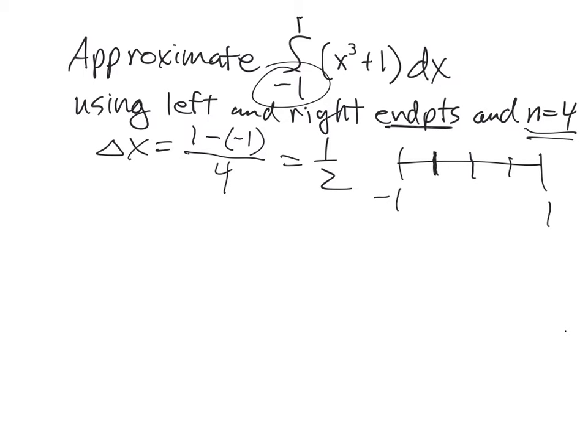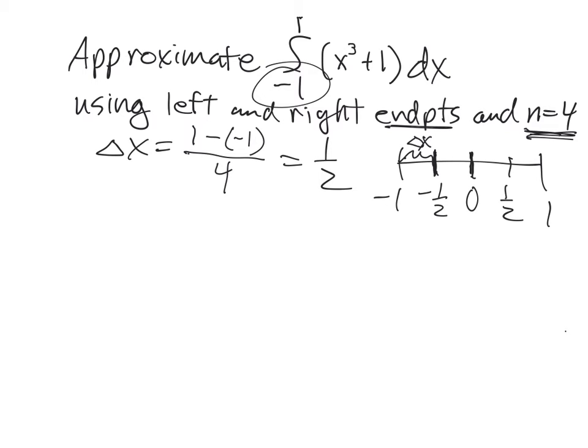Well, this one, -1 plus, well, there's our delta x again, -1 plus 1/2 would be -1/2. Then the next one, well, that one's going to be 0, and then 1/2. Now, we'll be able to use these x values in both parts. We don't need all 5 of the x values in both parts, but we do need 4 of them.